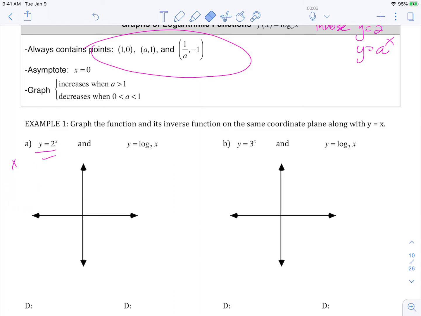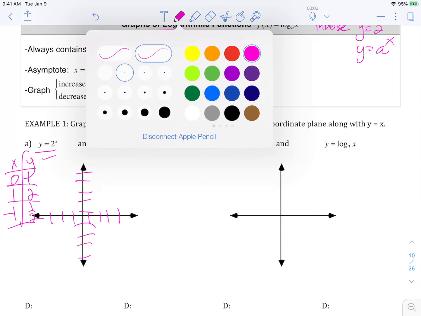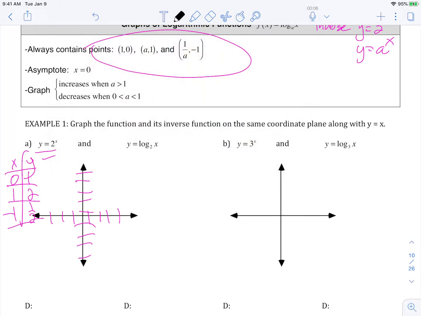All right, let's try this again. If x is 0, we get 1. If x is 1, we get 2. And if x is -1, we get 1/2. And we know that exponential functions are going to look something like this: (0, 1), (1, 2), (-1, 1/2).